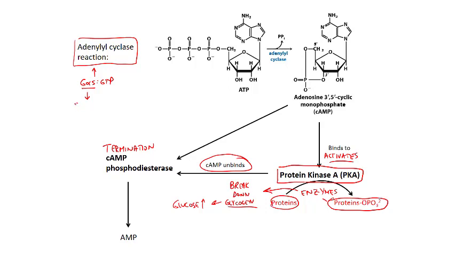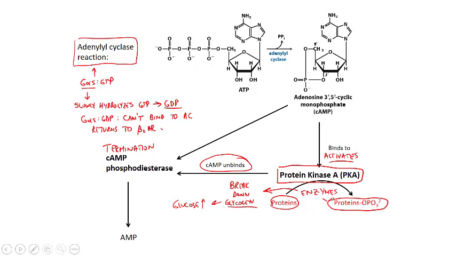So G-alpha S will slowly hydrolyze GTP to give us GDP. And when it's in the G-alpha S GDP form, it can no longer bind to adenylate cyclase, and it returns to the beta-2 adrenergic receptor, and the whole process restarts.